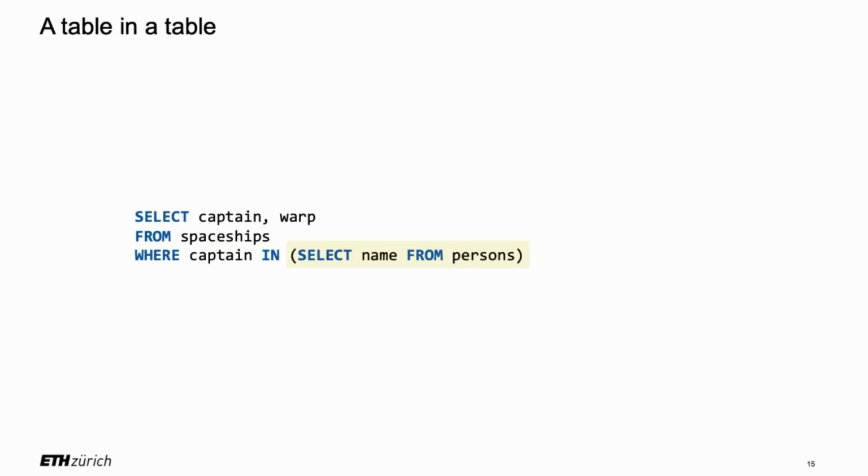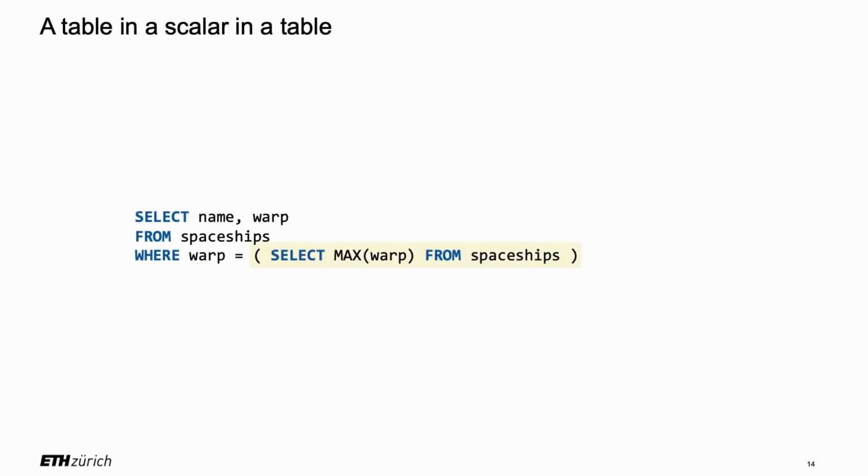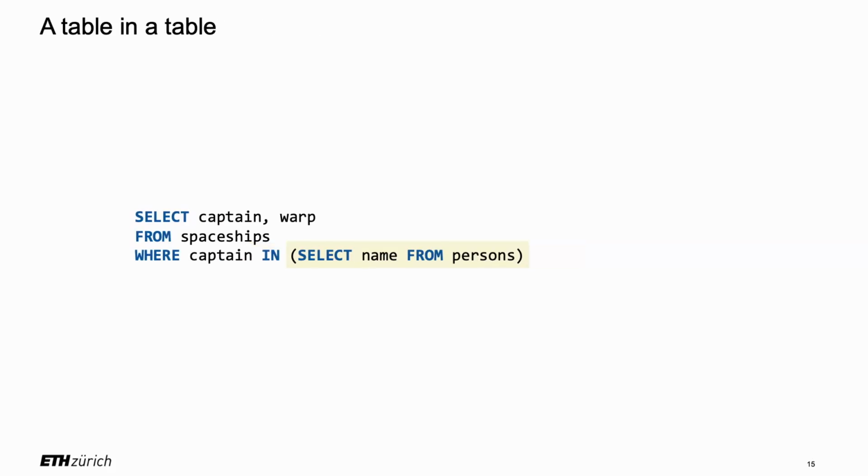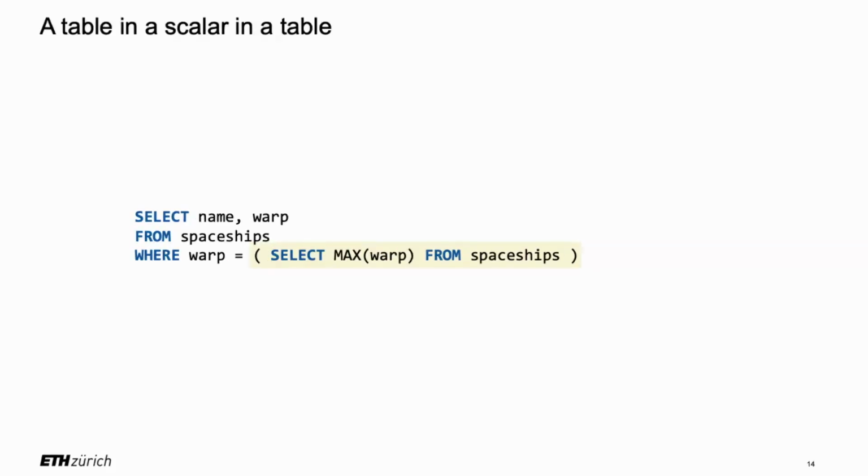It just needs to have one column because you want to compare the captain to something in a list. So if you have a table that returns one column and many records, you can use this in statement in there, okay? So this is very typical to do. So really try to take a snapshot of this. It's something that people really do a lot in practice.